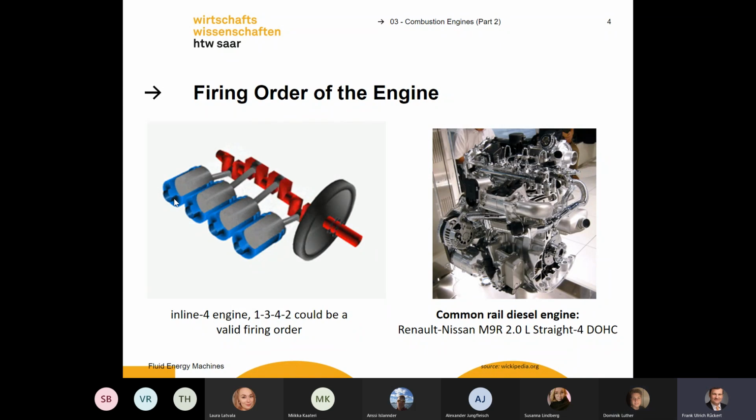If you see this crank, if you imagine you only have four cylinders, one is pushing, the other is pulling, and this causes a lot of vibrations. But if you have more cylinders, it runs more stable and more smooth. Driving is much better if you have more cylinders.